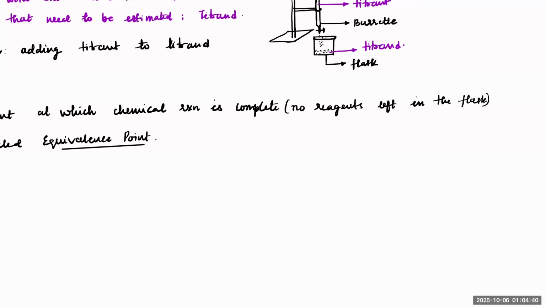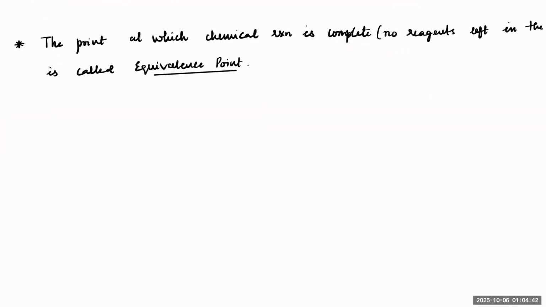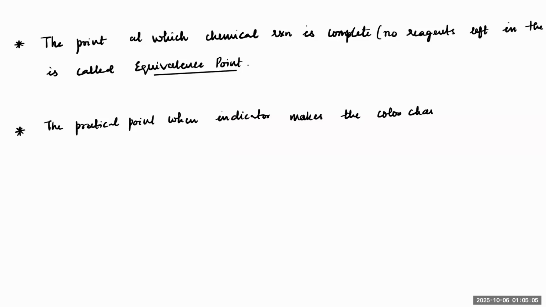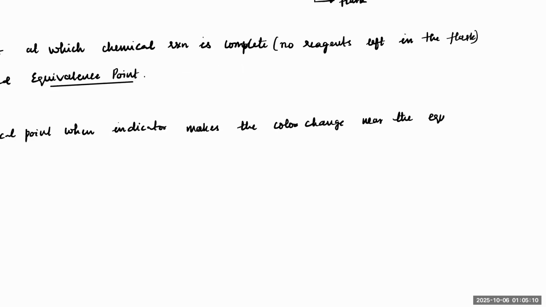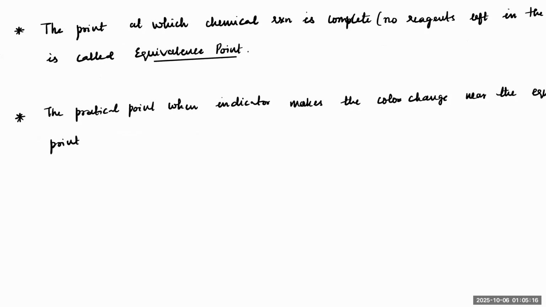So let me write down that the practical point when the indicator makes the color change near the neutralization point or near the equivalence point is called end point.